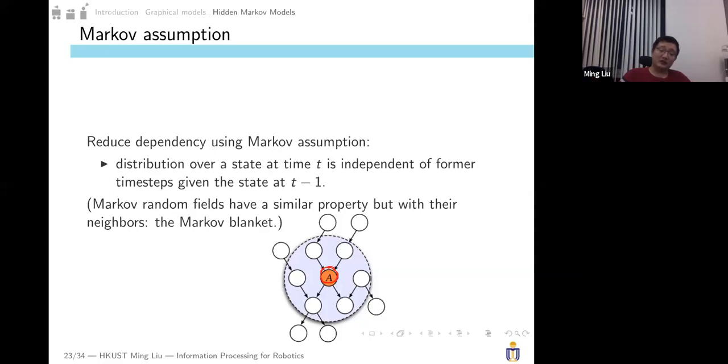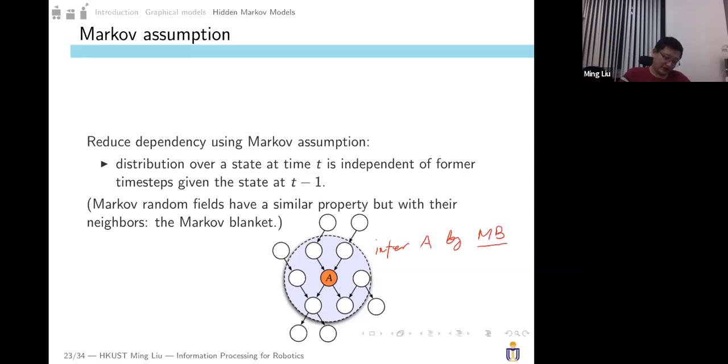These nodes include all the parents, and then the descendants, the children, and also the other parents of the children. Okay, this is a Markov blanket. This is the Markov blanket in a complex network like the one shown here. So what it defines is that you can infer the state of A by knowing only the Markov blanket. Okay.